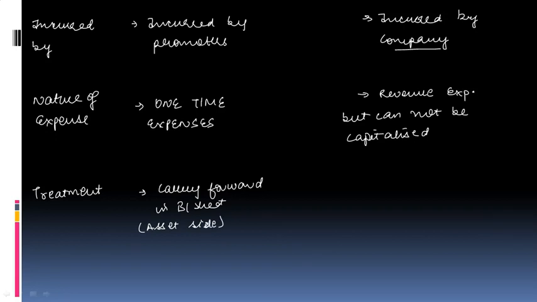And every year you are going to write them off. They will be written off every year for a period of 3 to 5 years, till the time you are getting their benefits.